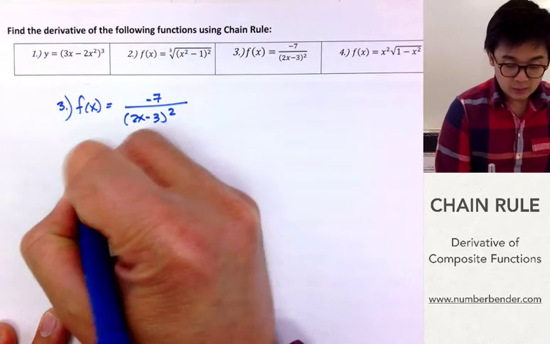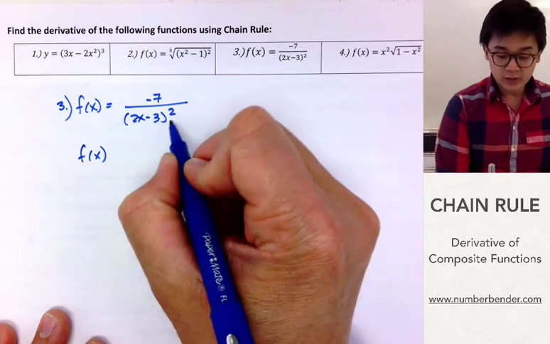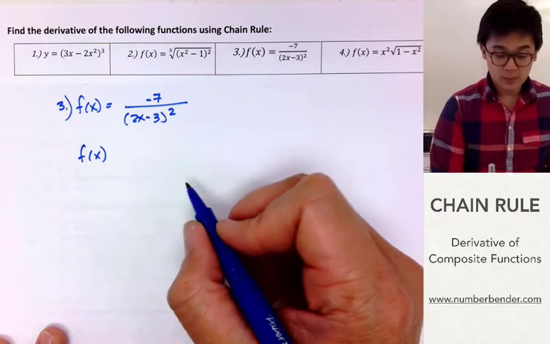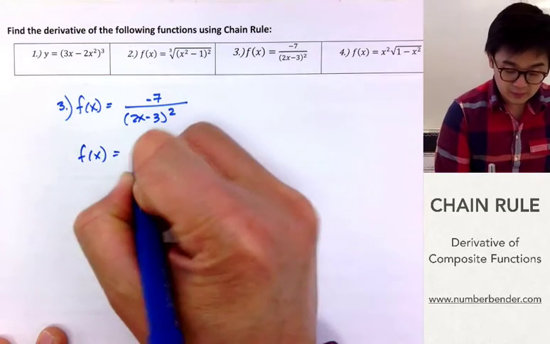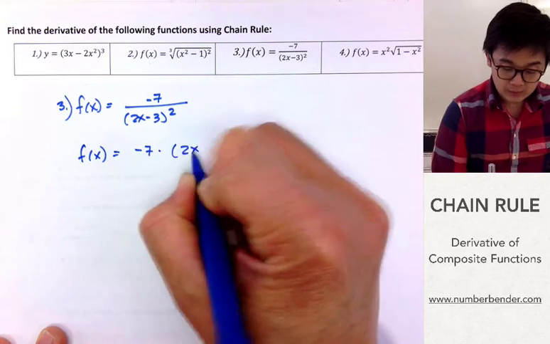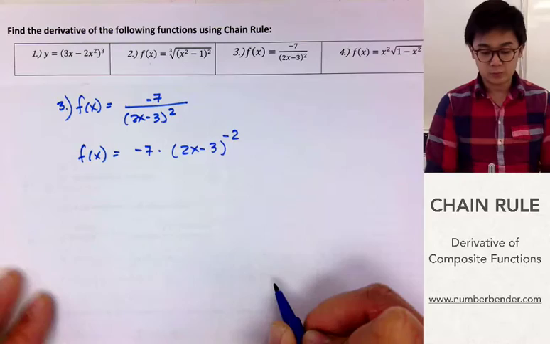So I'll go ahead and modify this function by changing the denominator into a negative exponent, so I can just use the power rule. So f of x is negative 7 multiplied by (2x minus 3) raised to negative 2.